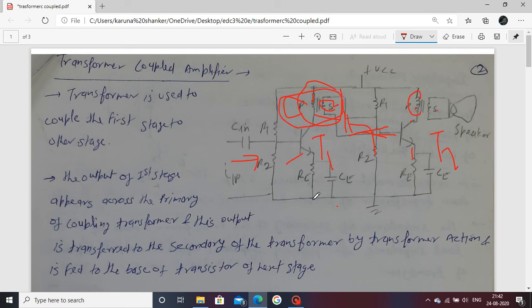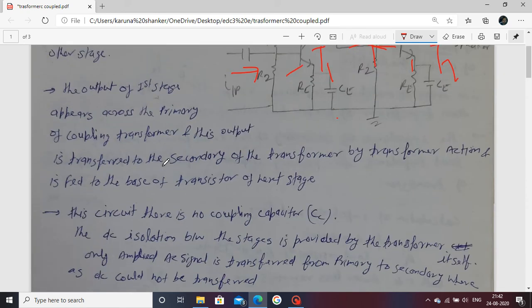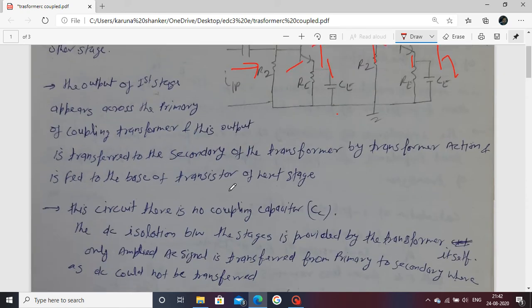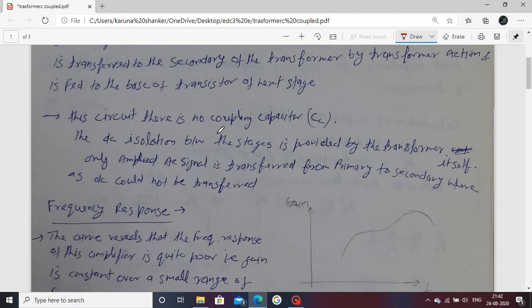This is your transformer coupled amplifier. Also, write up some points, whatever is explained is written here. Also you see here, no coupling capacitor is used; in place of the coupling capacitor there is a transformer.